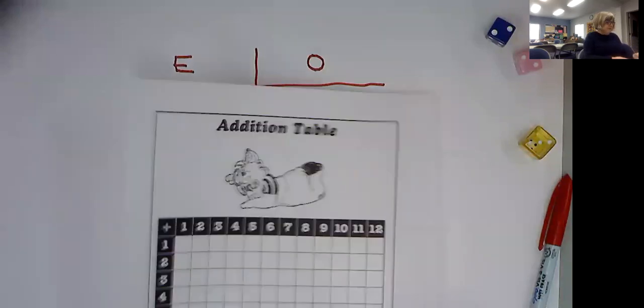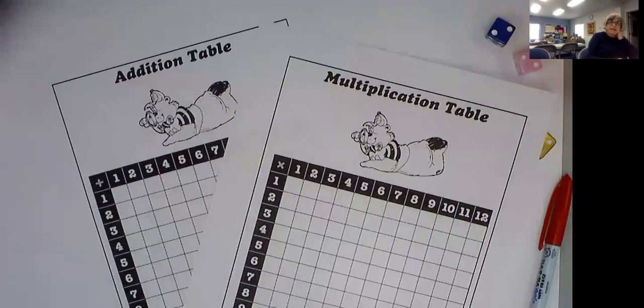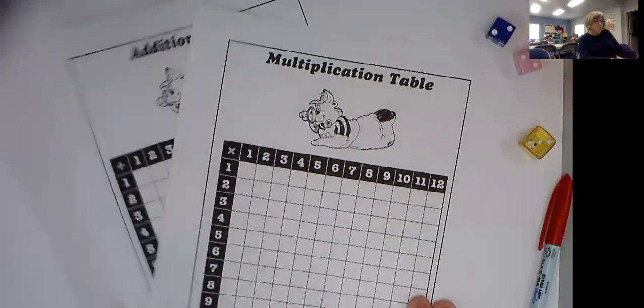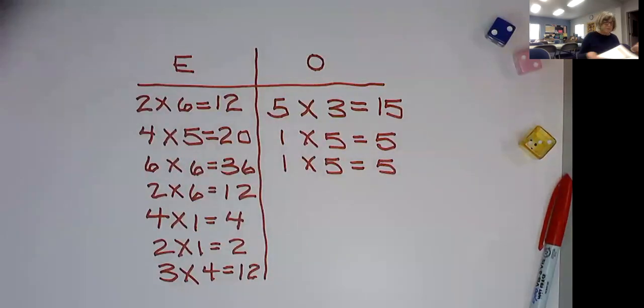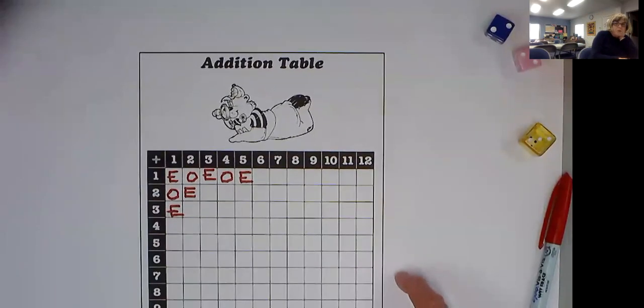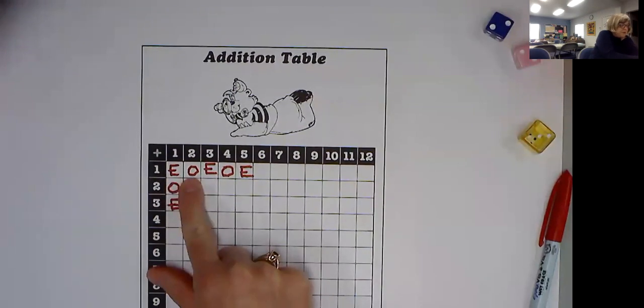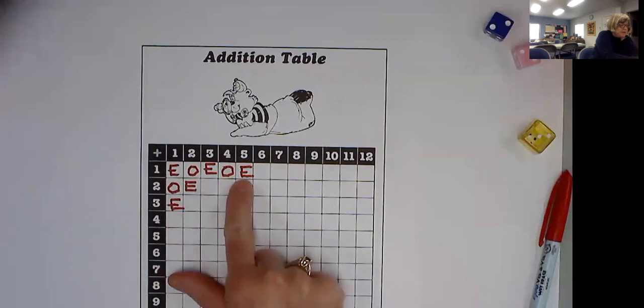So on my website in the free section, you can download an addition table that's blank and a multiplication table that's blank. Here's the cool thing. When we think about numbers, we want to think about those outcomes and what will occur. When we added, it appears even, odd, even, odd, even.